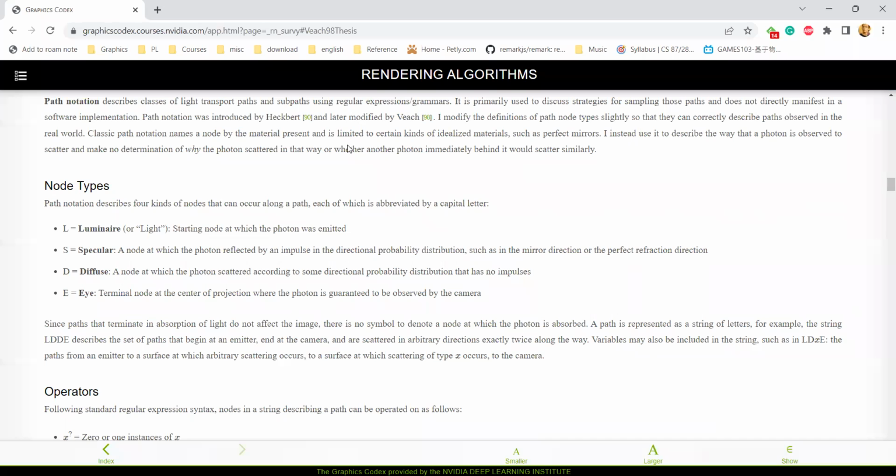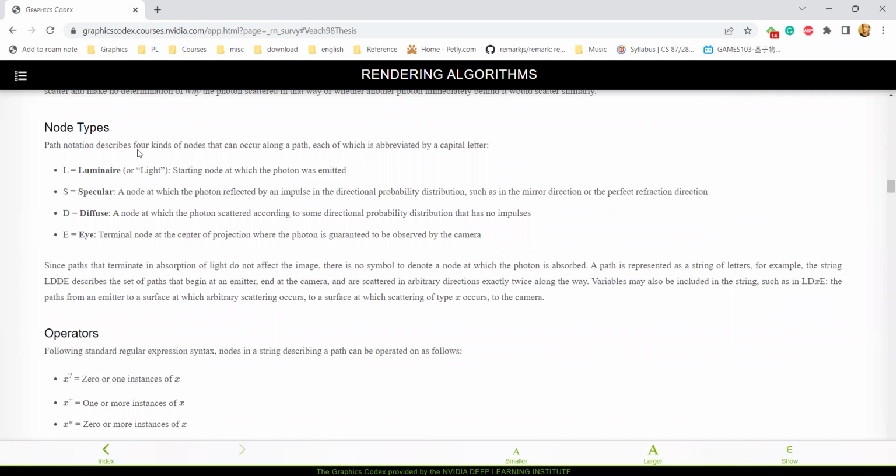Okay, I think I just want to say what the notation looks like. Node types. Path notation describes 4 kinds of nodes that can occur along a path, each of which is abbreviated by a capital letter.